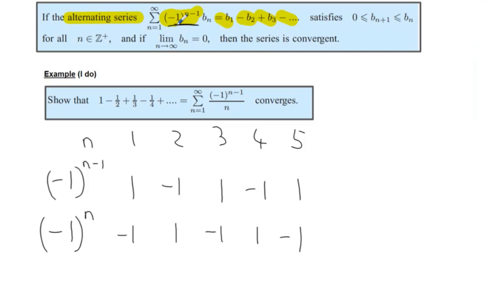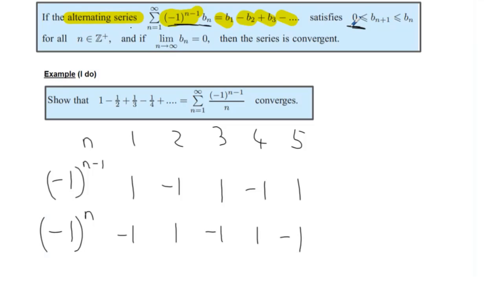So if the alternating series, the sum from n equals 1 to infinity of minus 1 to the power n minus 1 times some bn, where bn is a sequence with a different rule, satisfies these two conditions, then the series converges. Firstly, all the terms in bn, ignoring the minus 1 to a power bit, need to be non-negative, so greater than or equal to 0, and the next term, bn plus 1, always needs to be less than or equal to the current term.